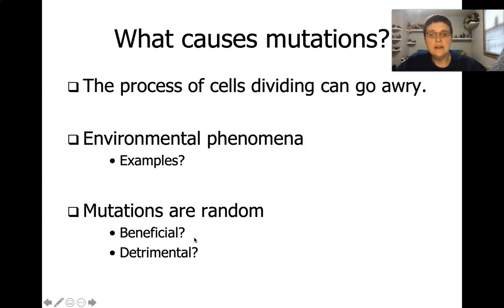So if the change happens to make a characteristic a little better for an organism, then they'd be beneficial. If it makes it so the organism isn't as good at surviving and reproducing, maybe it makes it more difficult for them to run, then that could be detrimental. So it really depends on what that mutation is as far as beneficial or detrimental.